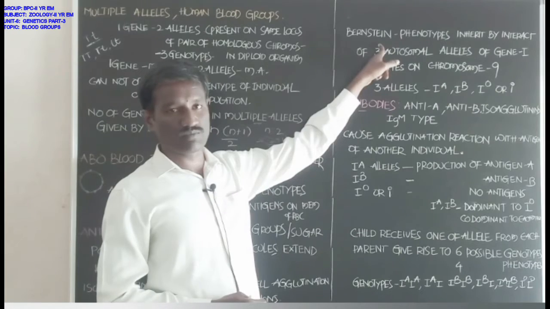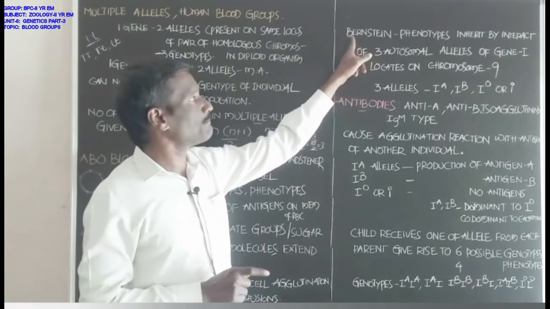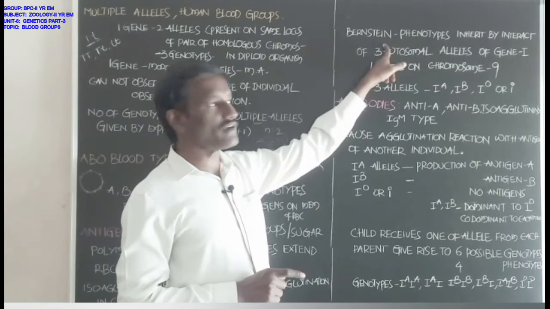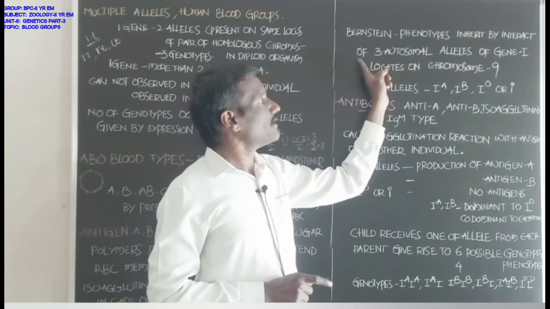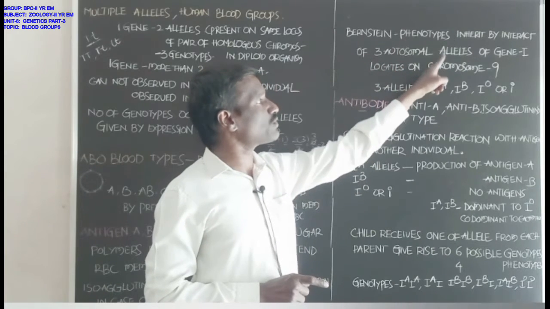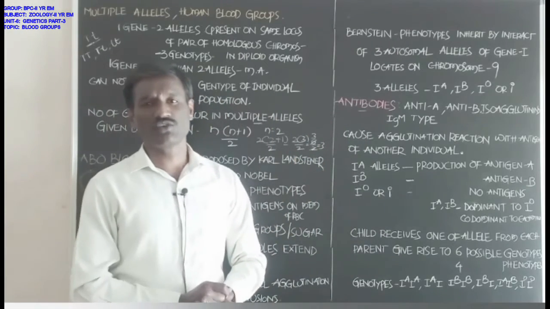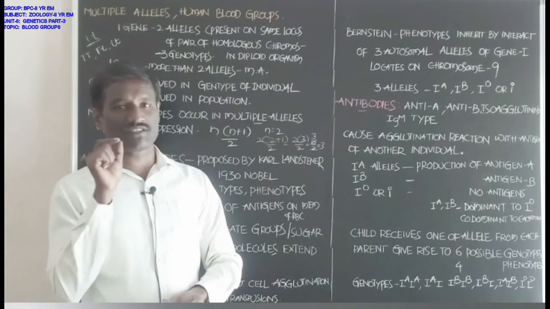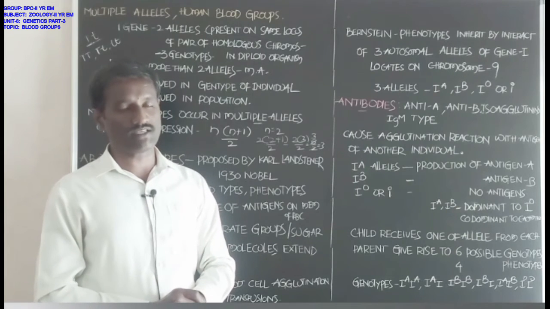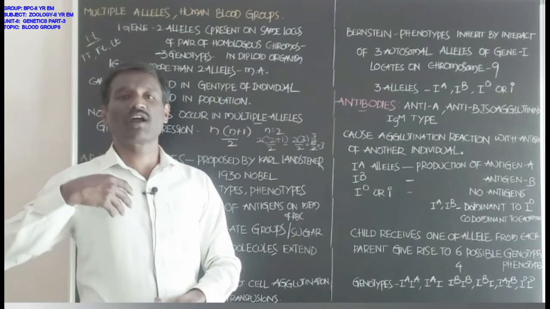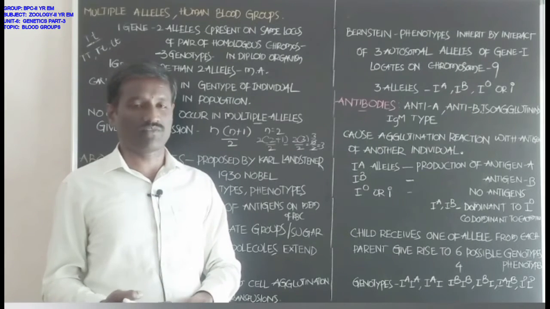Okay. Next, Bernstein. What about the role of Bernstein in the study of the ABO blood groups in humans? Which is the best example for multiple allelism? Bernstein, another scientist, showed that the phenotypes are inherited by the interaction of three autosomal alleles of gene I. Blood groups present in human beings are a phenotypic character.